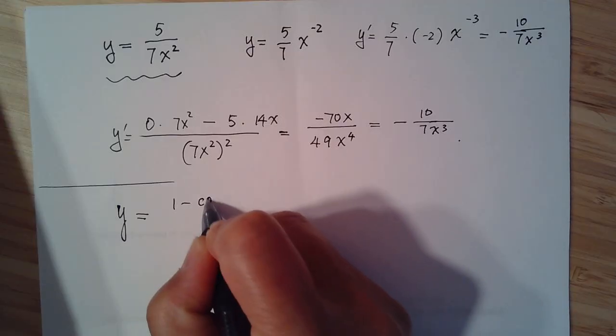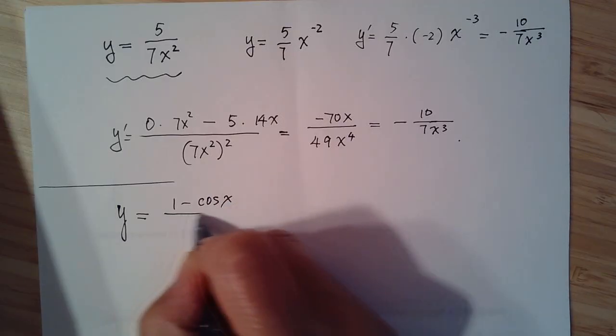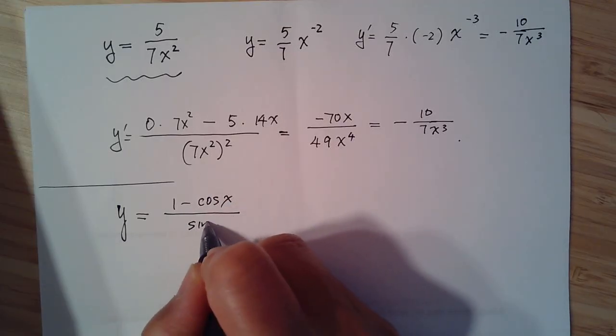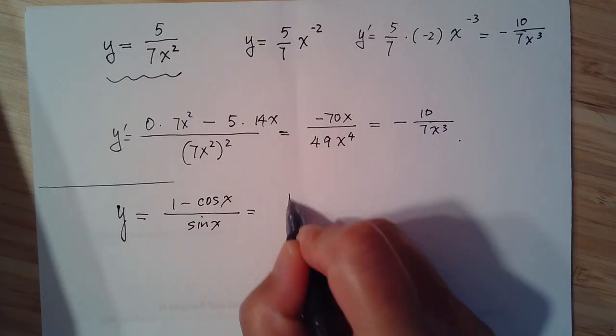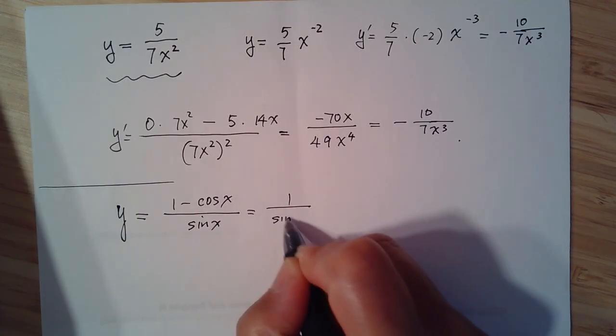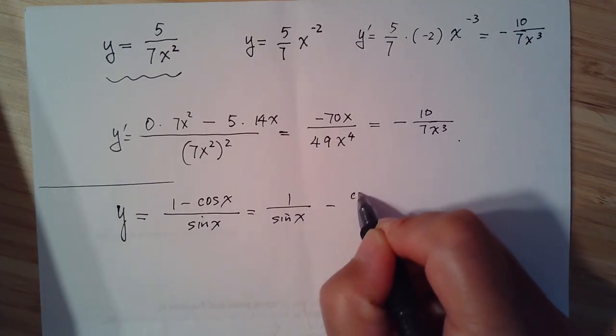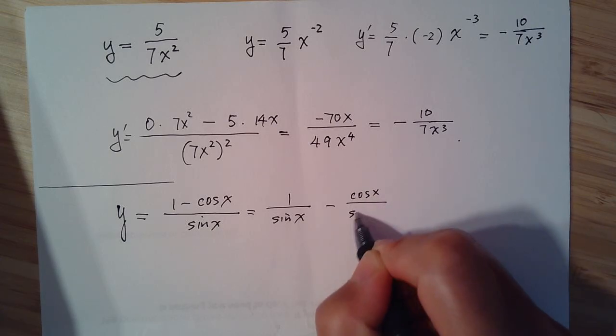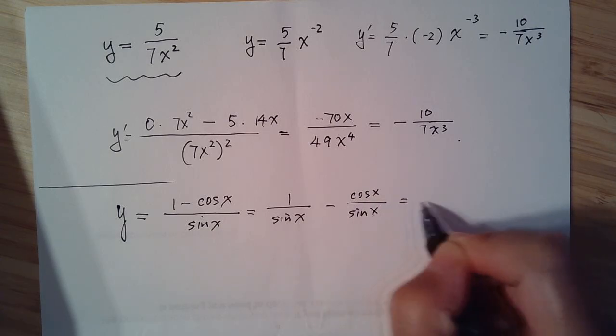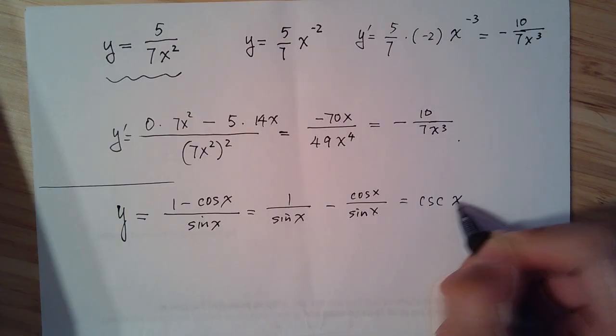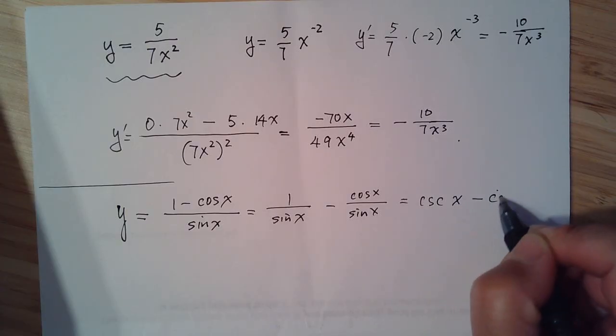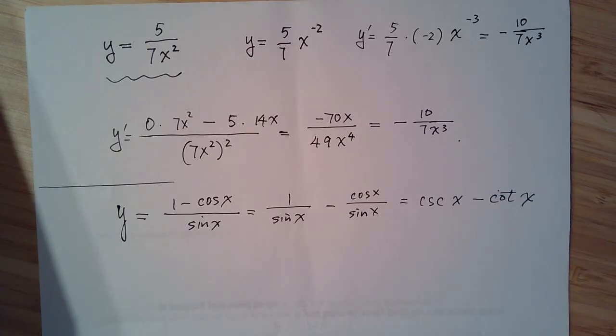So 1 minus cosine x over sine x. If I rewrite that as 1 over sine x minus cosine x over sine x, I get cosecant x minus cotangent x, right?